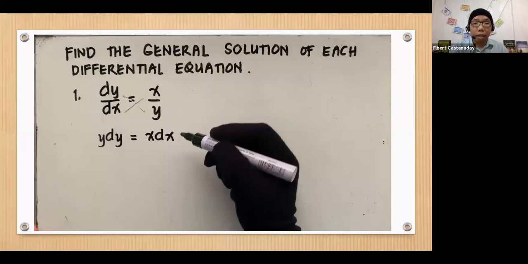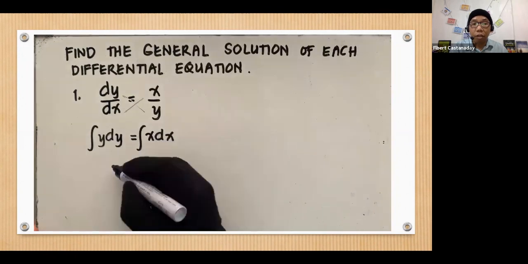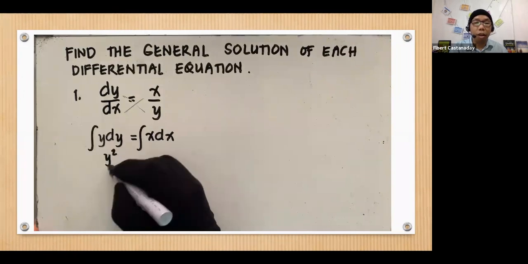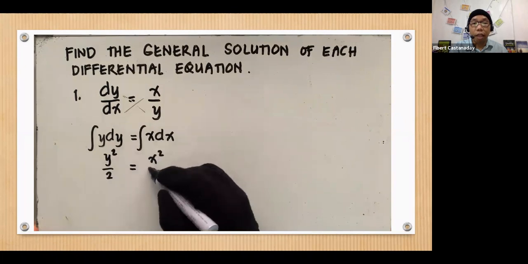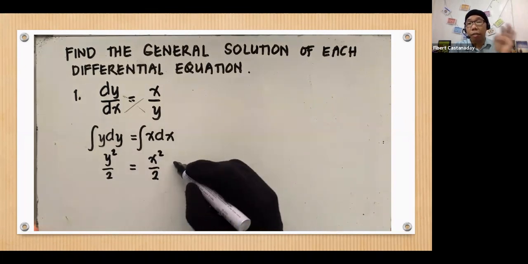Clear? Then we can perform integration. So integrate both sides of the equation. The antiderivative of y dy is y squared over 2 equals, on the right-hand side, x squared over 2, and you put plus c. As I said earlier, on the right-hand side is where you put the arbitrary constant c. We can simplify later.